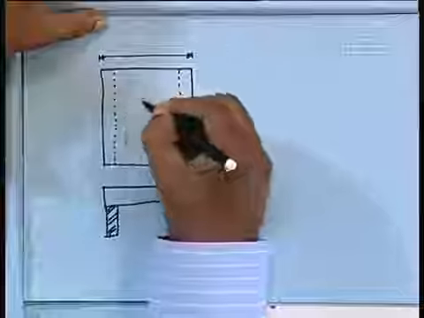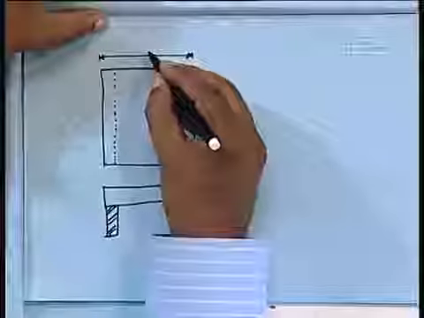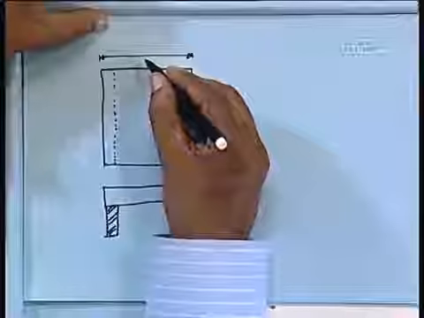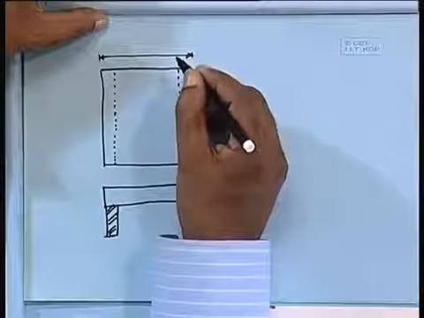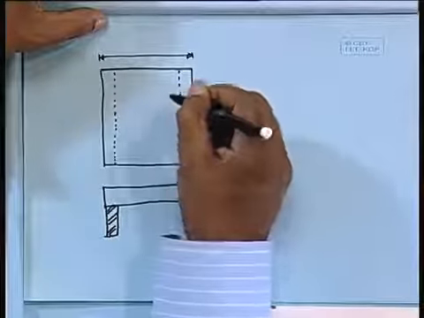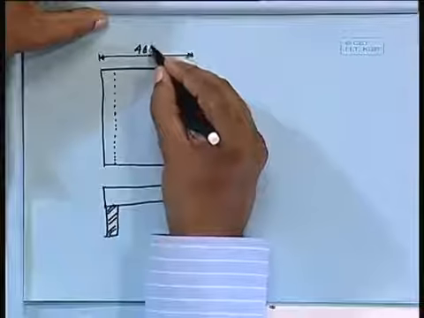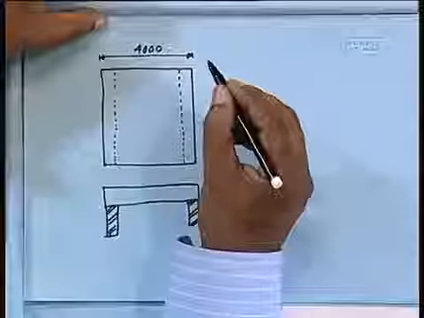It is more than that, but effective span 3640. And this one how much? This one is 3500 plus 250 plus 250. So, clear span 3500 plus 250 plus 250, which comes as 4000, and effective span we have calculated 3640.